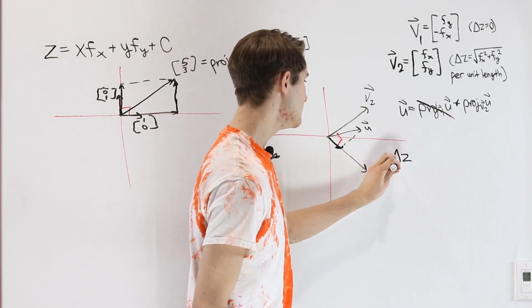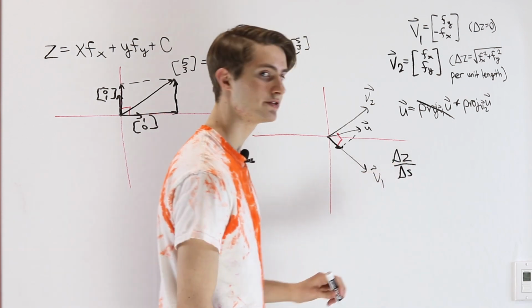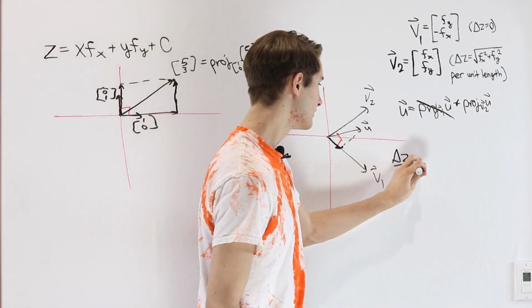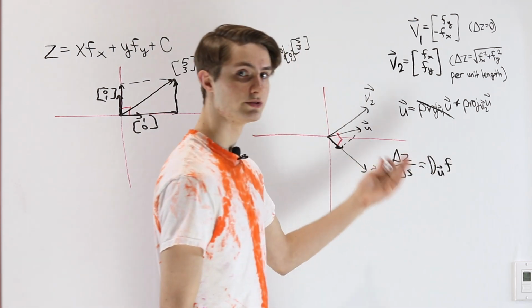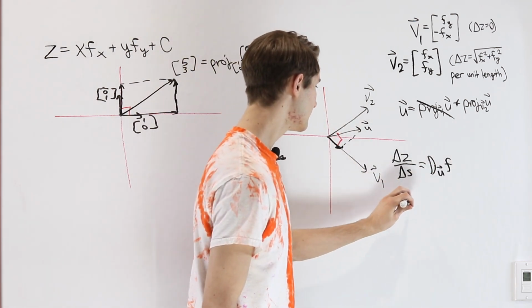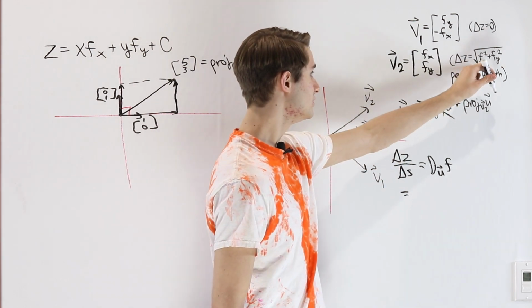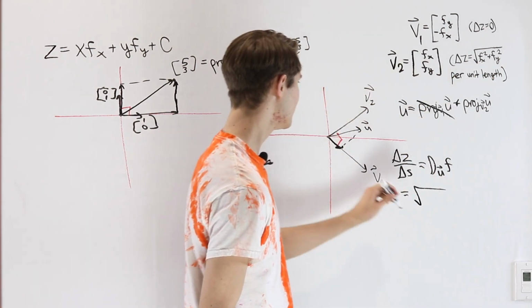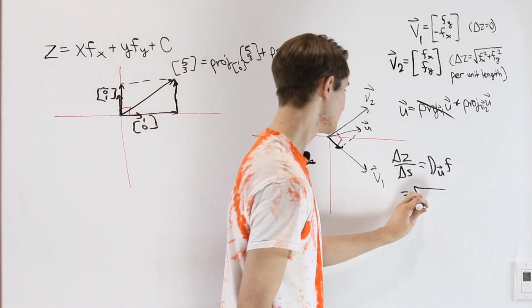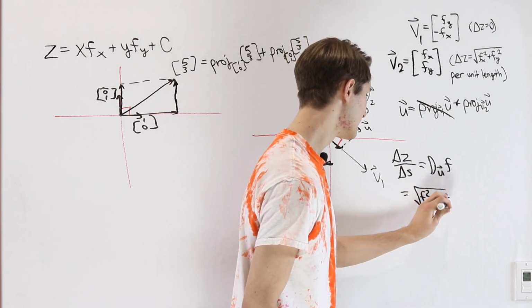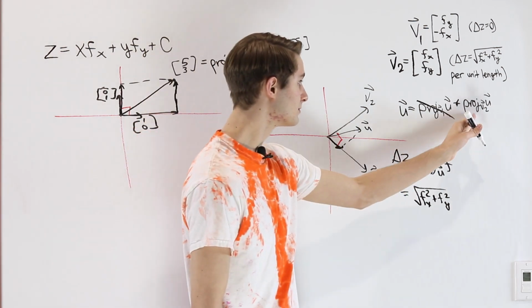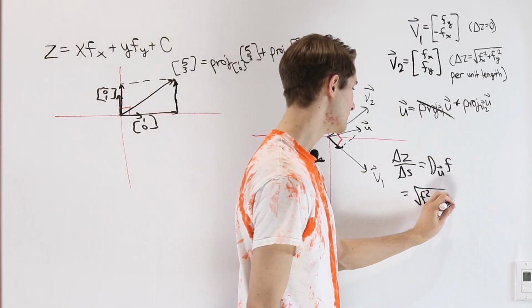The change in z per unit length, which is the way that we define the directional derivative of f in the direction of u, is going to equal the change in z per unit length in the direction of v2, square root of fx squared plus fy squared, times the projection of u onto v2.